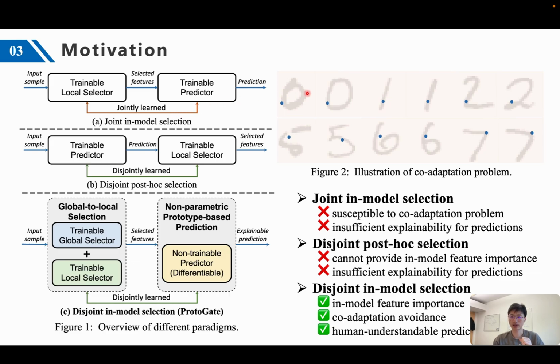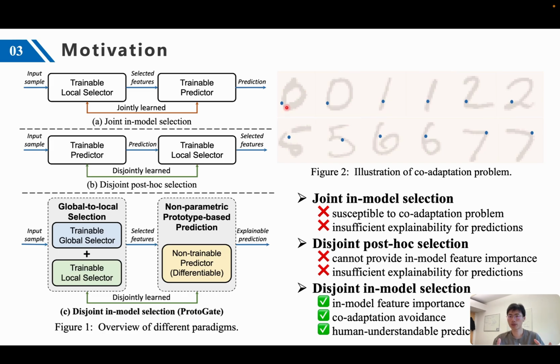Here we show an example. When we apply an existing local feature selection method for digit classification on the MNIST dataset, we found that it can achieve over 95% accuracy. This is really high. However, for each figure, it only selects one feature, and this feature is not really informative.